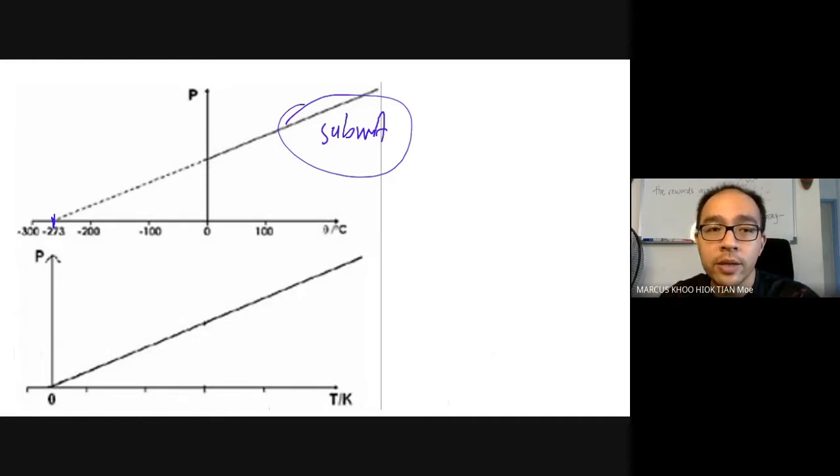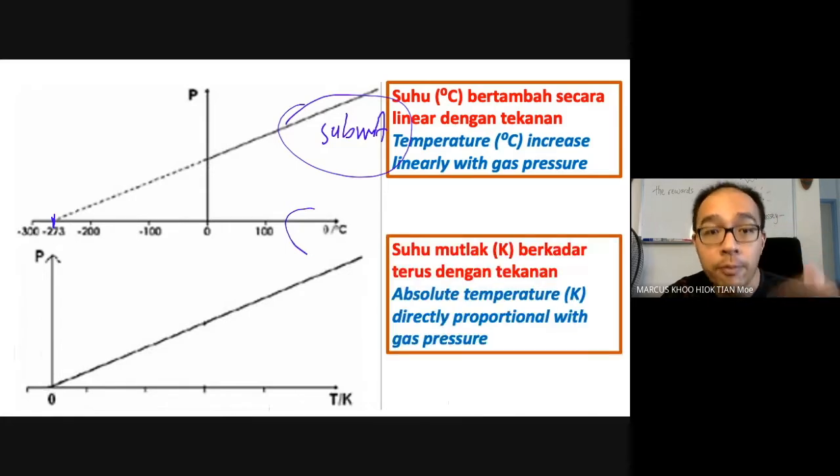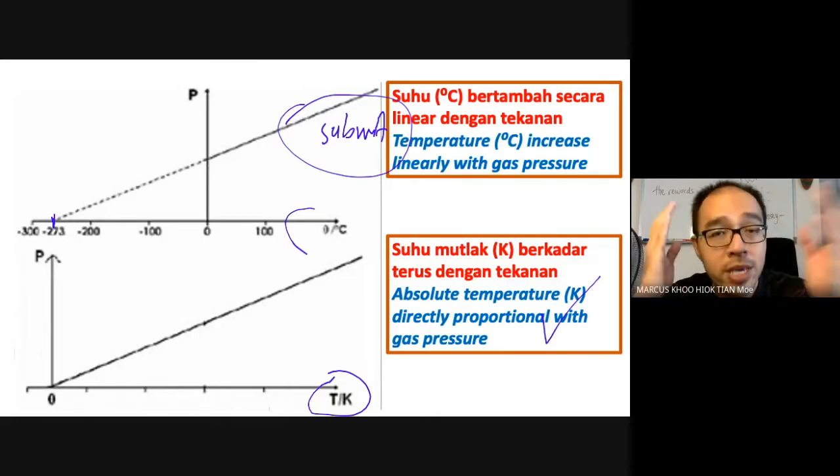So we find that when it is degrees Celsius, the pressure increases linearly with temperature. But when we're talking about absolute temperature, which is in Kelvin, we make negative 273 become 0. We will get that absolute temperature is directly proportional to gas pressure. So be aware of this.